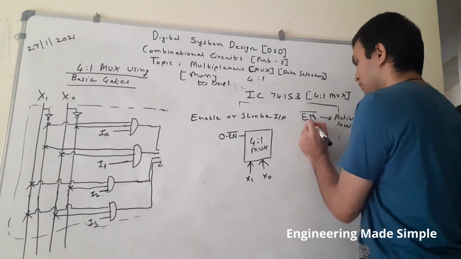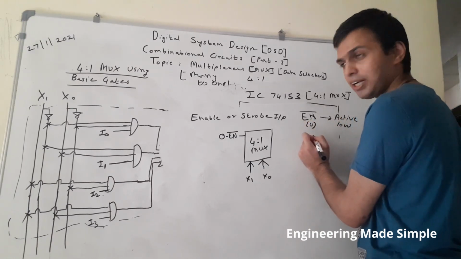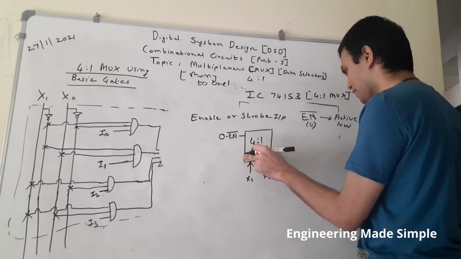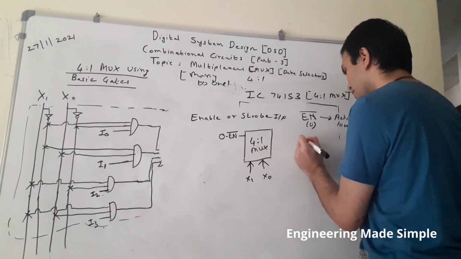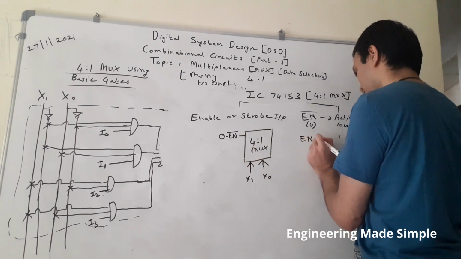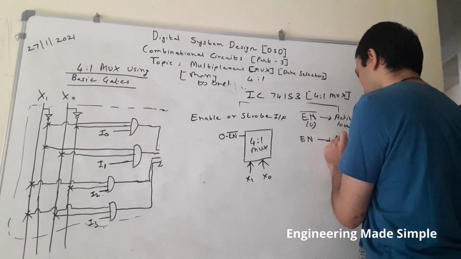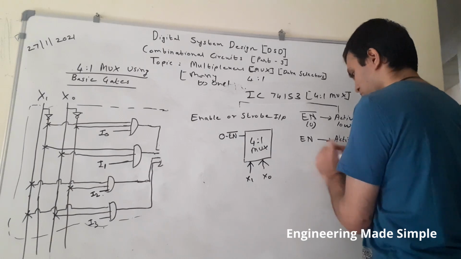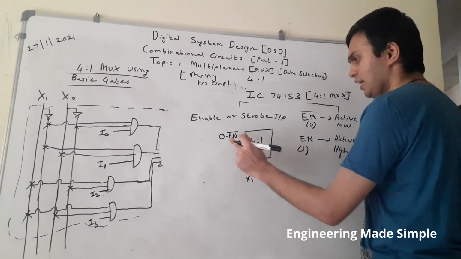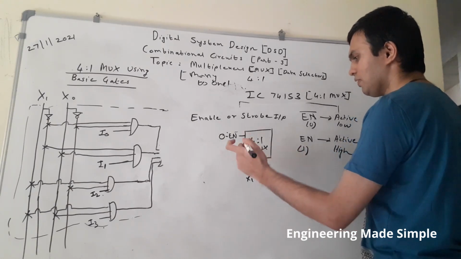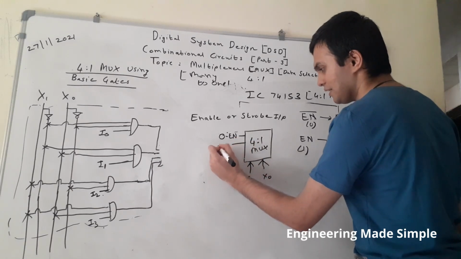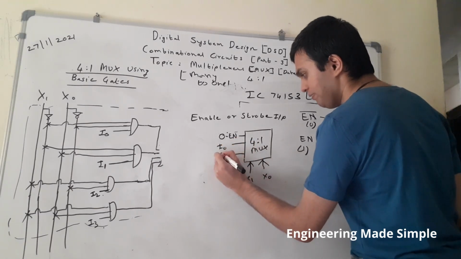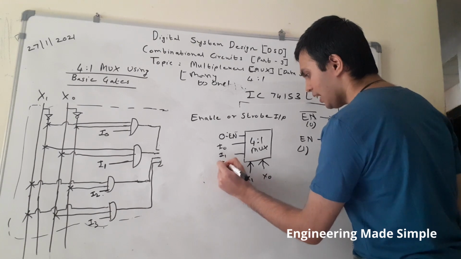That is, you have to apply logic 0 in order to get this terminal or the circuit activated. And there is another type of input here, EN, which is an active high type of input. So if we apply logic 1 over here, if this is EN, then only the circuit will get activated. That is I0, I1, I2, I3.